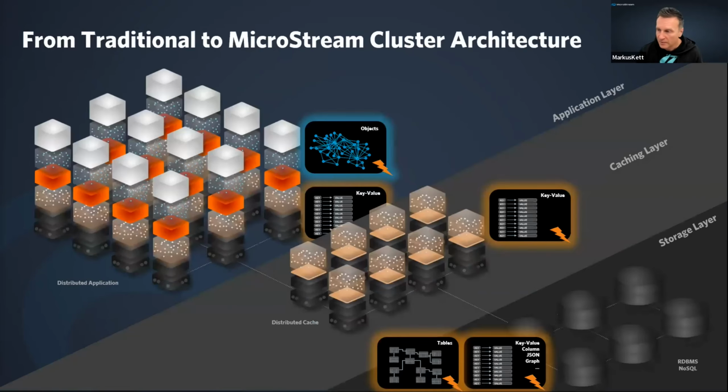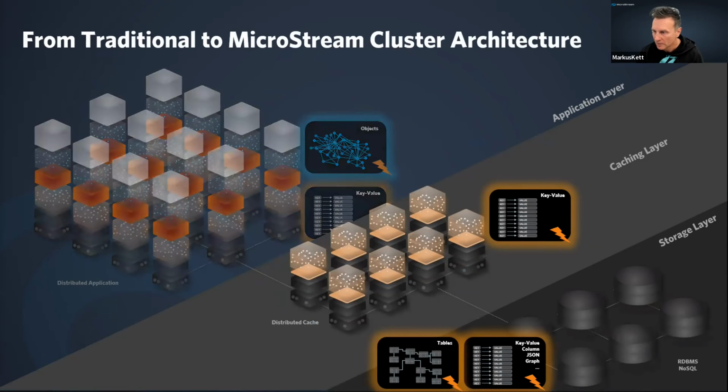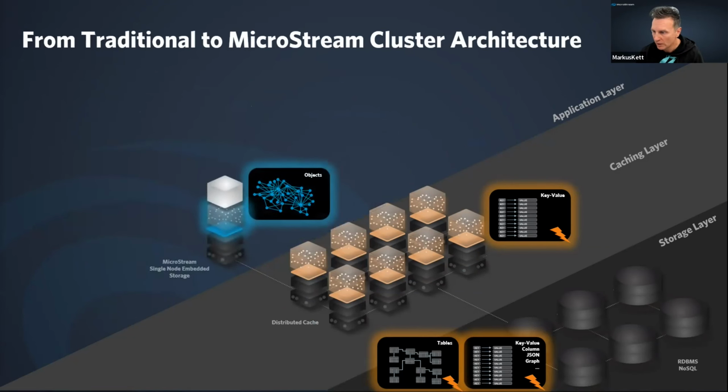And now with MicroStream cluster, it's the same. So here is again the overview about traditional cluster architecture with our distributed application, distributed cache, and database cluster. Now you're able to replace your Hibernate machines with a MicroStream machine.